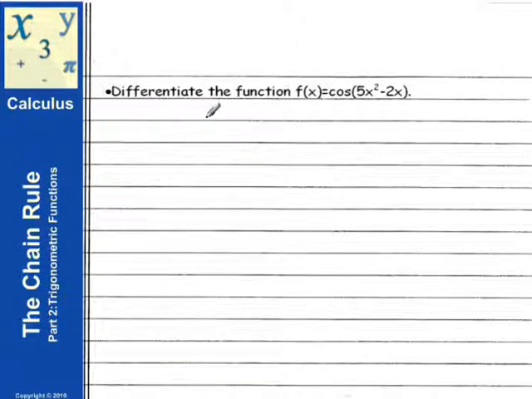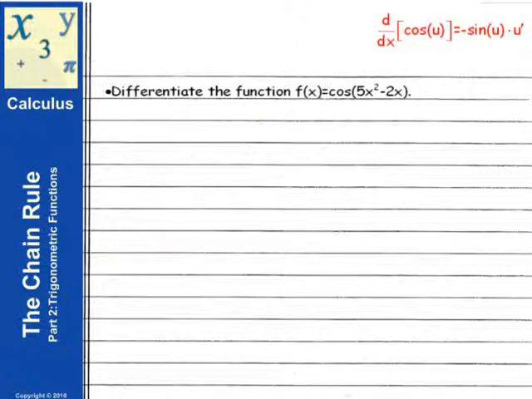Let's find the derivative of the function f of x is equal to cosine of 5x squared minus 2x. Well, this is the cosine of something other than x, which means we're going to have to use the chain rule for the cosine function. So using the chain rule as it's stated here and previously, it's the opposite of the sine of the same expression times the derivative of the expression.